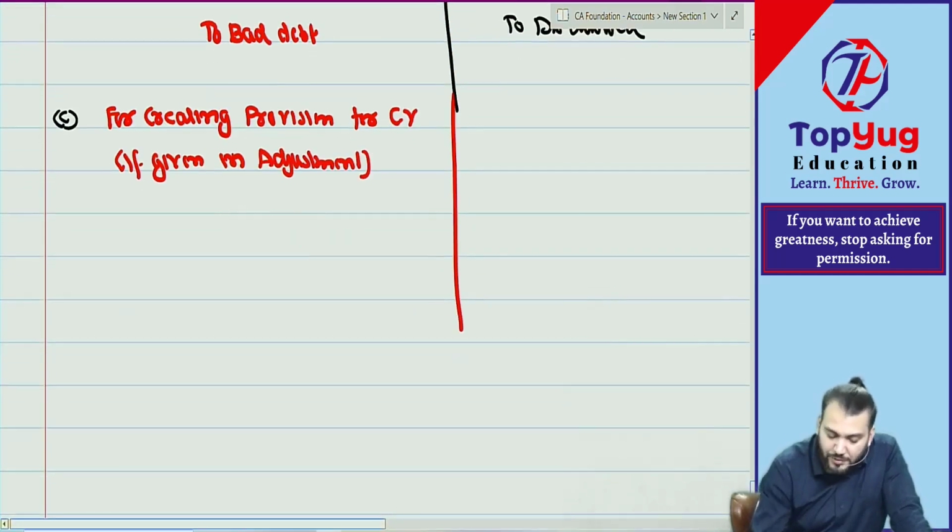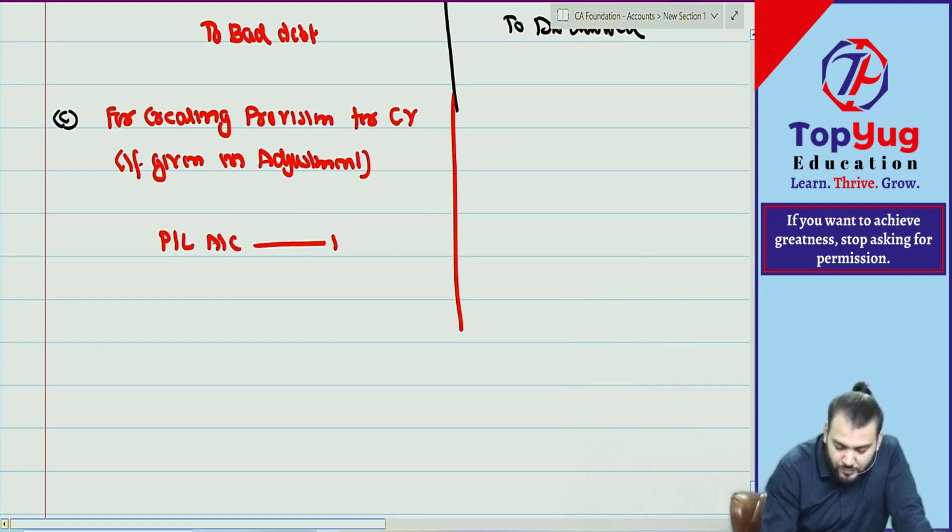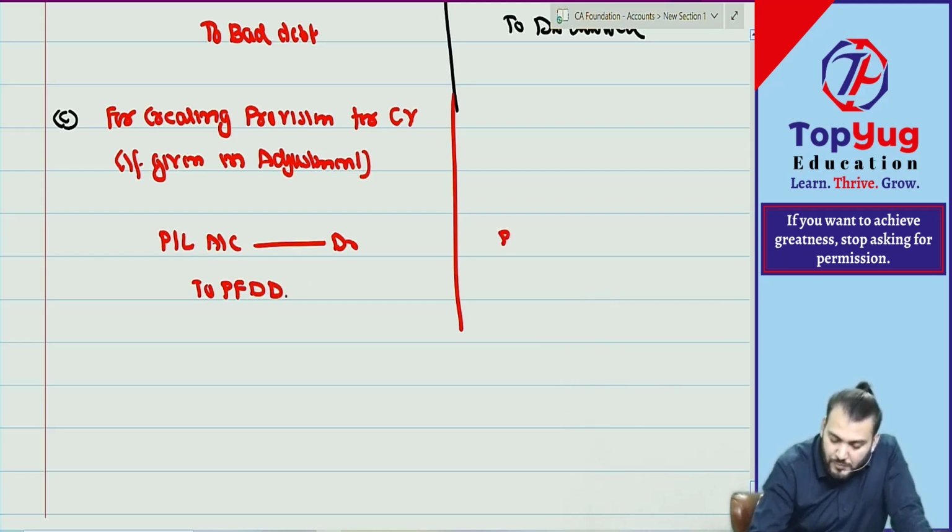So what journal entry? Profit and loss account debit to what? Provision for doubtful debt. Profit and loss account debit to what? Provision for discount on debtor.